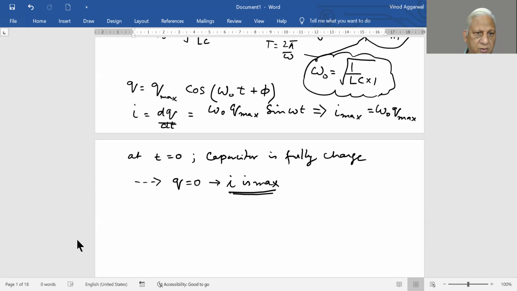And the energy stored in a capacitor is, and the energy stored in the inductor is.